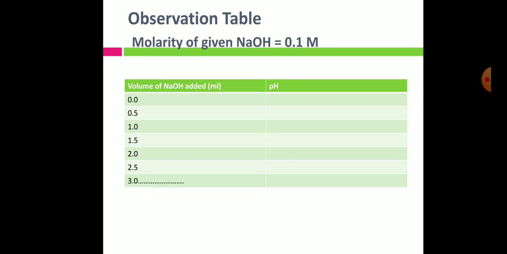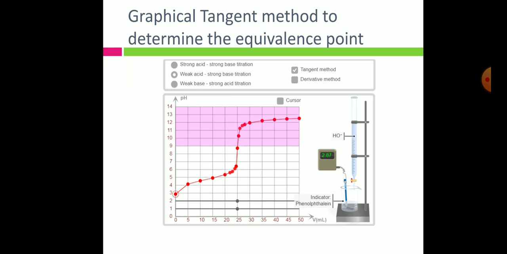So, this is the observation table in which we have to record the readings. You can see that we are recording the readings at every 0.5 ml addition, and this process will continue until we observe one abrupt jump, in between which our equivalence point should be lying, and after that we have to take 4-5 more readings.